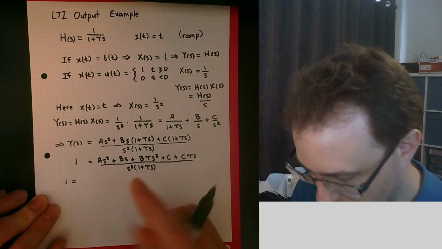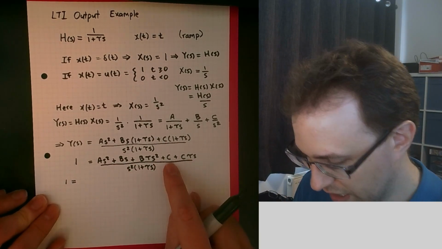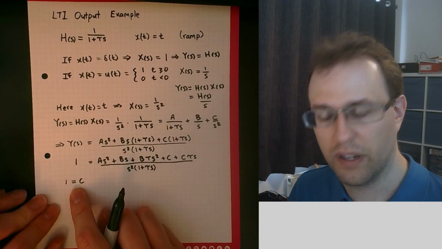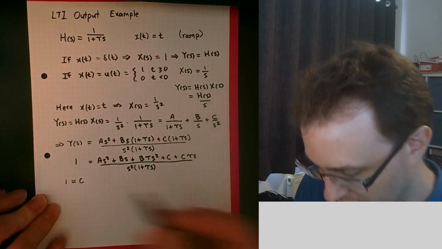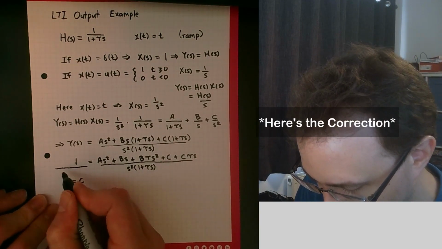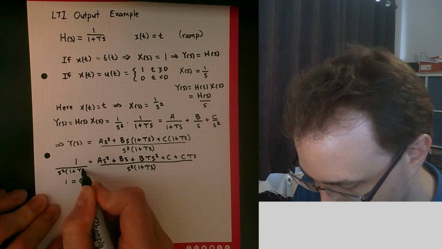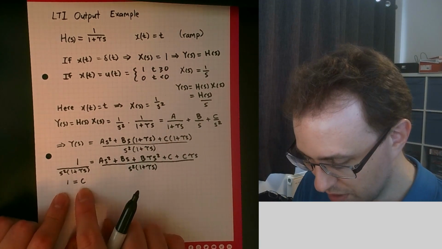On the right-hand side, we're looking for terms that have a power s to the 0, and that's only for c. So right away, we know that c is equal to 1 in order for the left-hand side to be equal to the right-hand side. Actually, that's not 1, that is 1 over s squared times 1 plus tau s. Okay. In any case, 1 is equal to c.